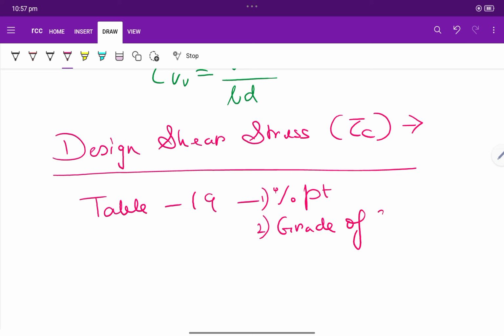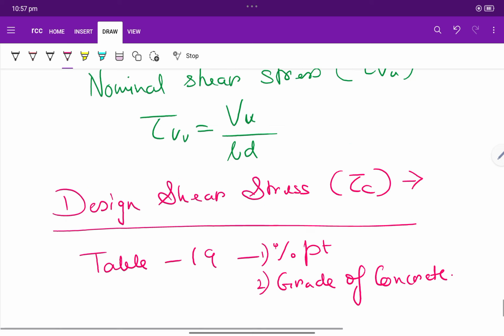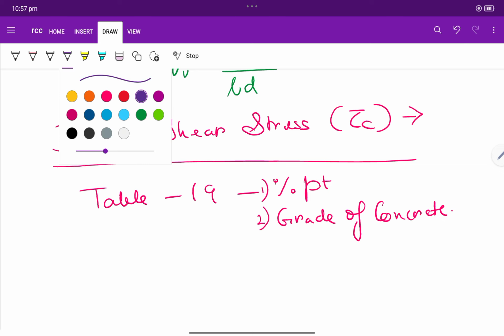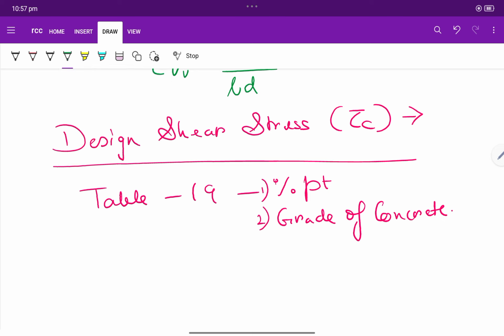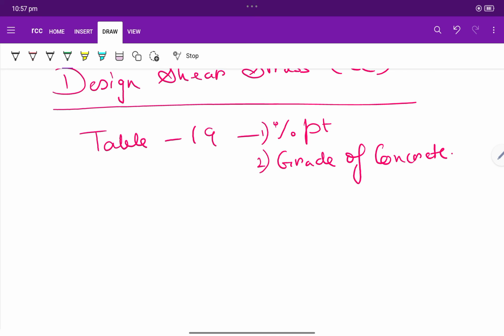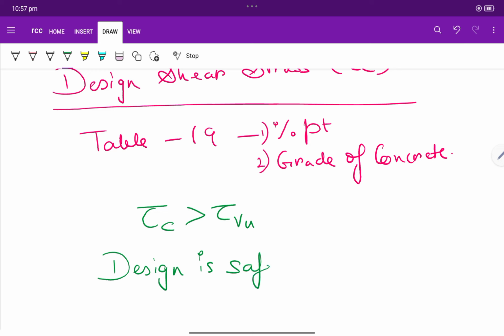In a slab, we make the slab safe in shear by increasing the depth, nothing more than that. Now we just compare tau c greater than tau v, and the design is safe in shear.